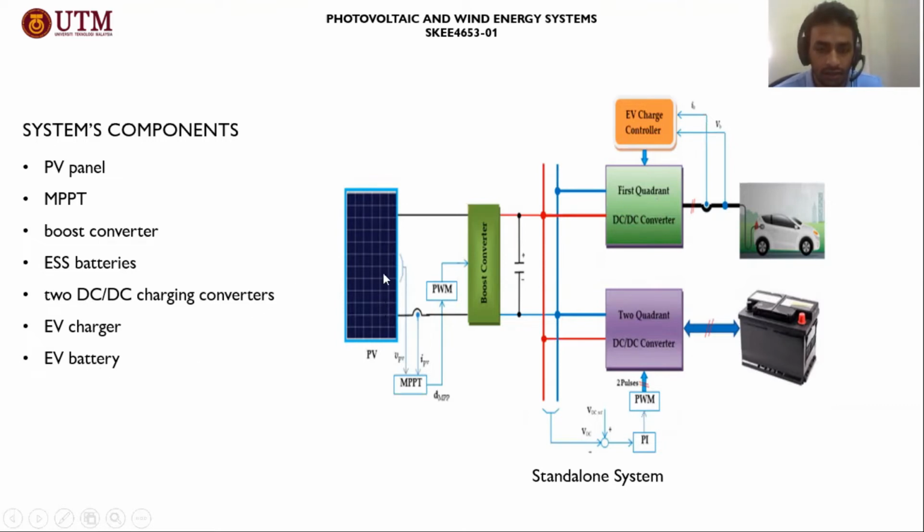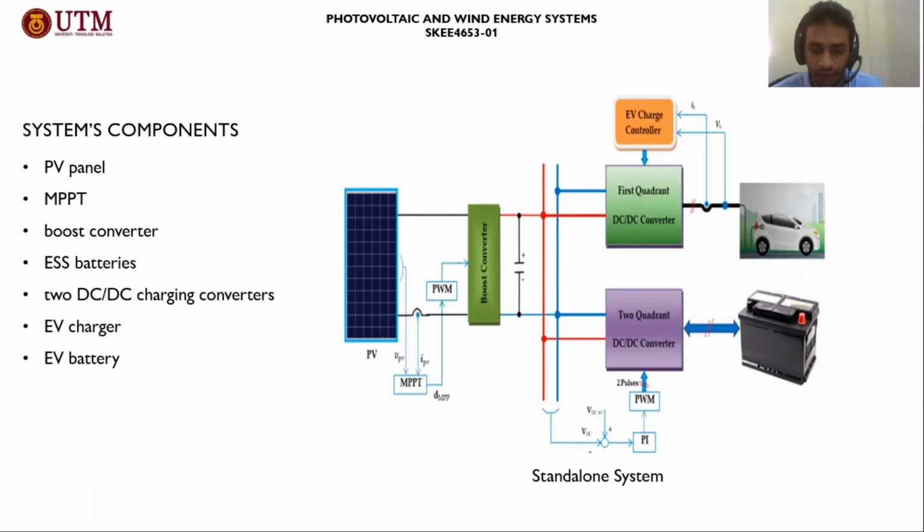Okay, so here we have the PV panel representing the main source of energy for supplying the solar car. However, the generated energy is not steady. It varies according to the insolation level of the environment.